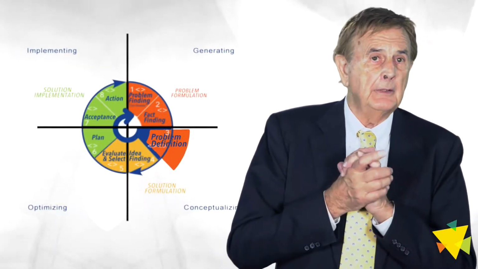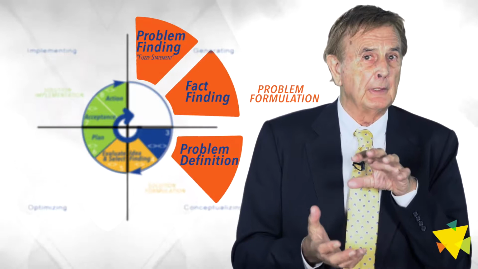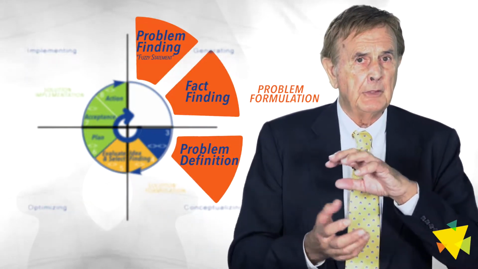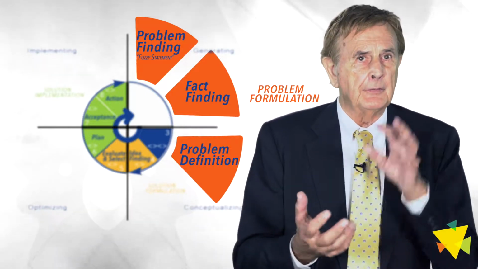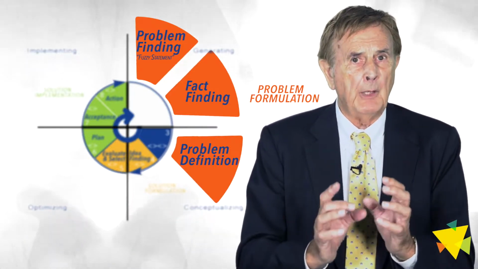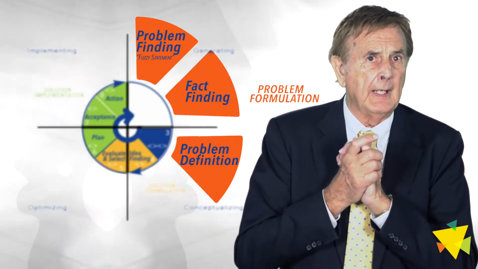Okay, and these 3 steps, 1, 2, and 3, really comprise what we call problem formulation. None of them have anything to do with a solution. They all have to do with making sense of a situation and ending up with a really well-defined problem out of that mess, if we could say that.